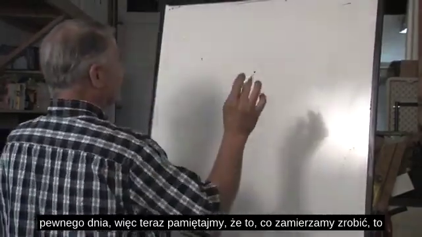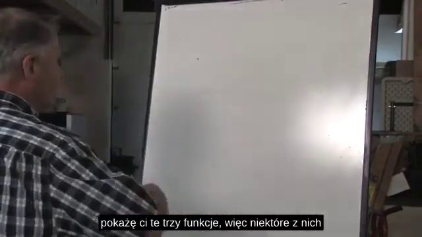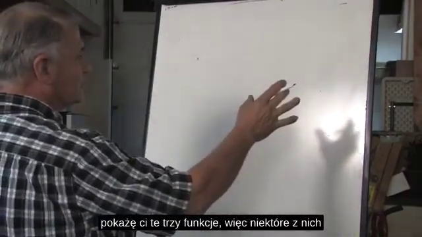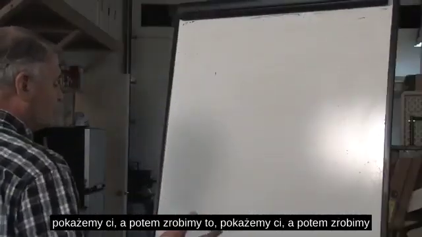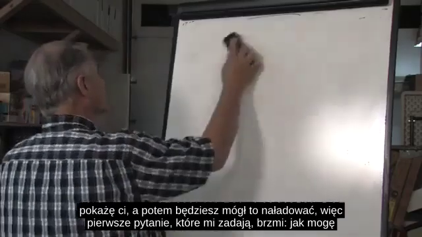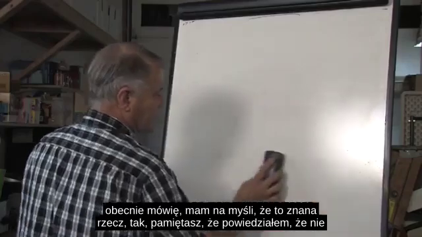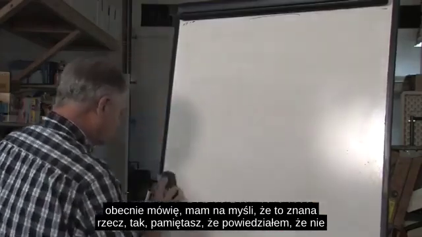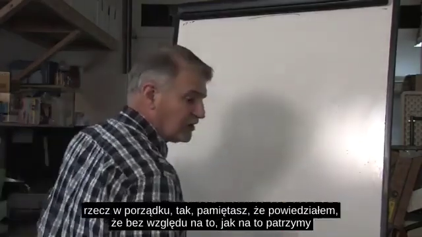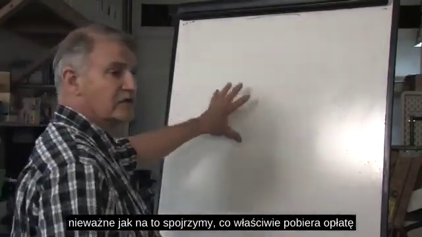So the thing to remember now is what we're going to do is show you these three functions. Some of the questions I get asked is, how can you charge the battery if there's no current? Remember I said that no matter how we look at this, what is actually charging the battery?